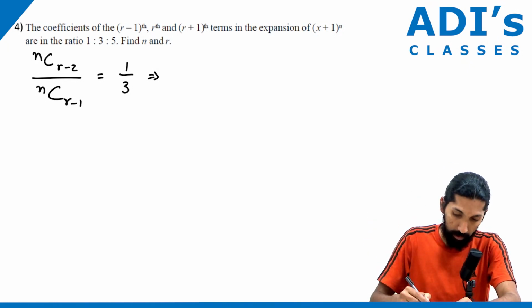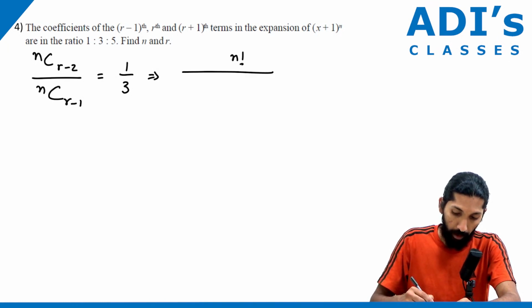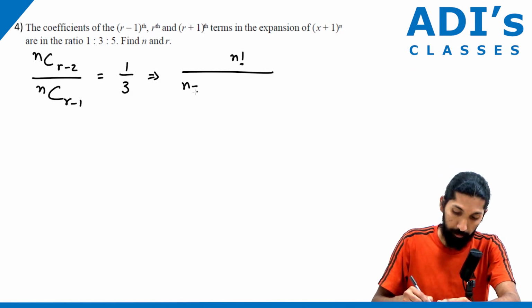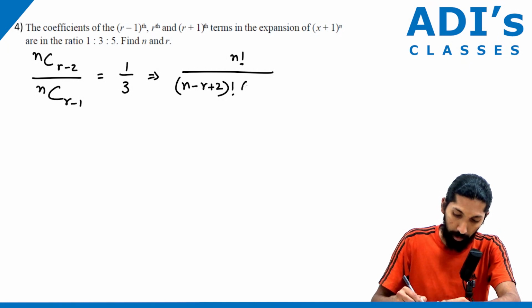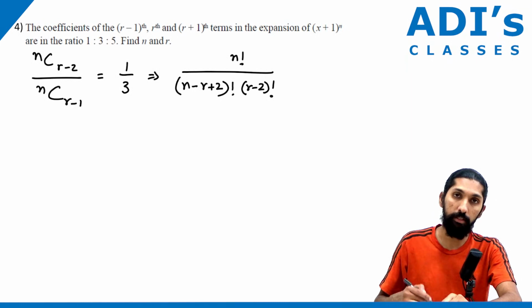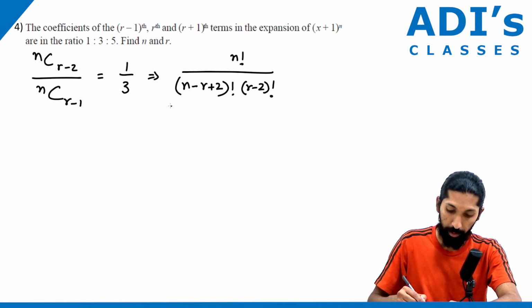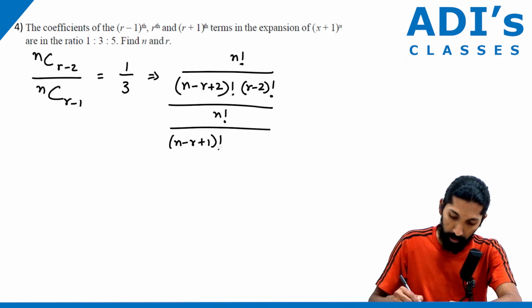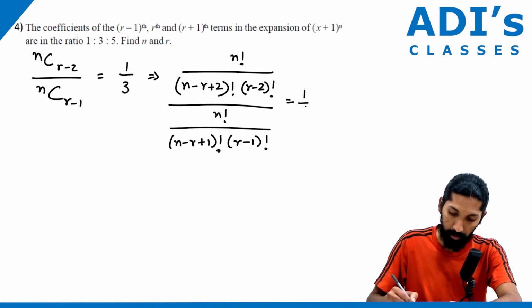So in this case, this is going to be n factorial divided by (n minus (r minus 2)) factorial, that's (n minus r plus 2) factorial into (r minus 2) factorial. That's an expansion, isn't it? This divided by n factorial divided by (n minus r plus 1) factorial into (r minus 1) factorial. This is equal to 1:3.